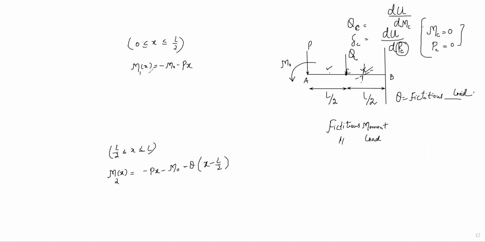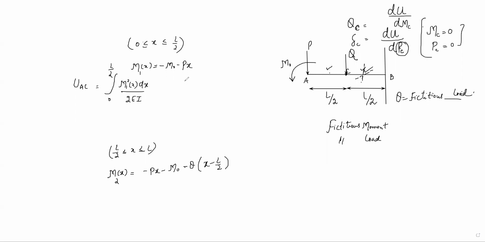Now in this portion AC, calculate the total strain energy in portion AC. The total strain energy in portion AC will be equal to the integral going from 0 to L by 2 of M1 square, which is a function of x, dx by 2EI.